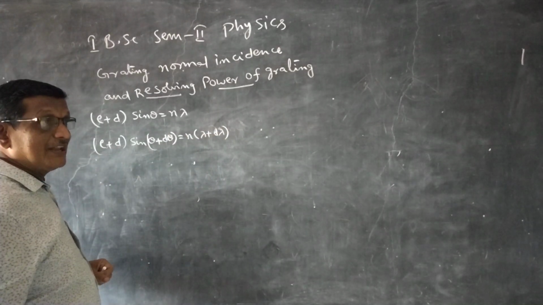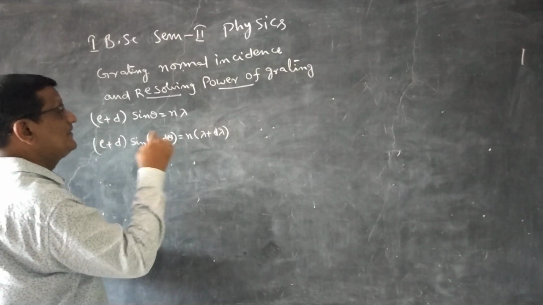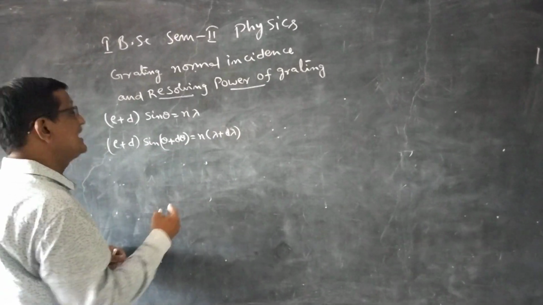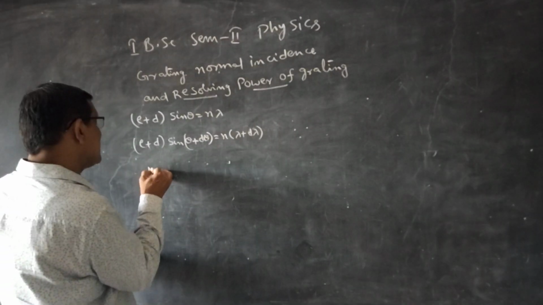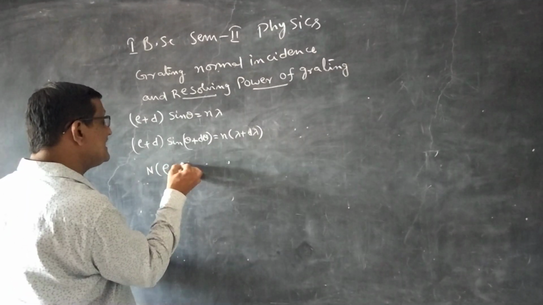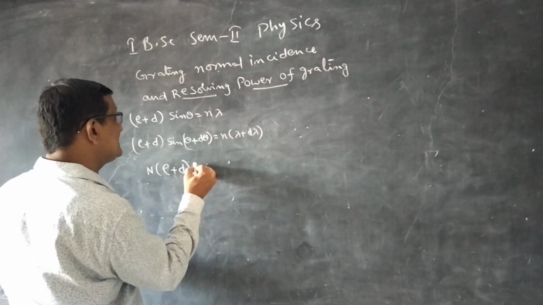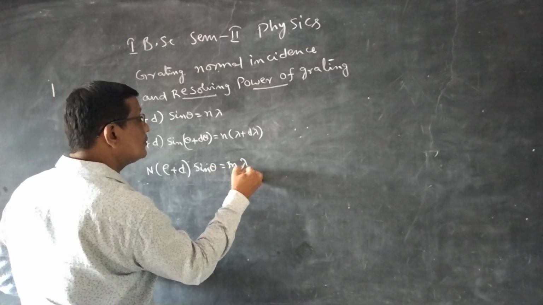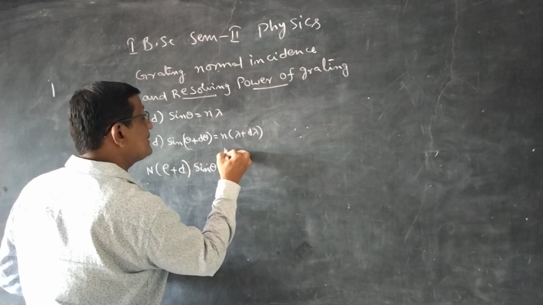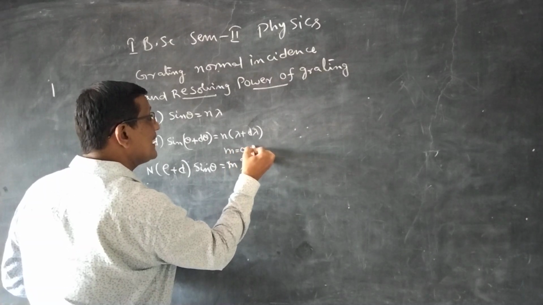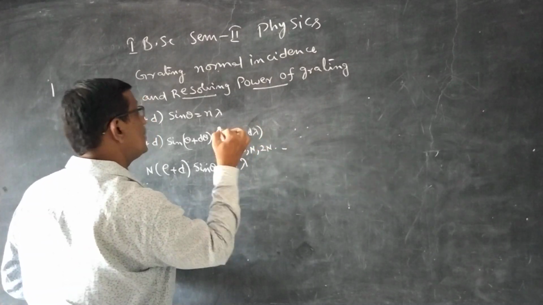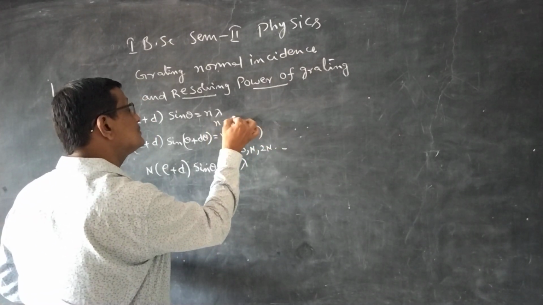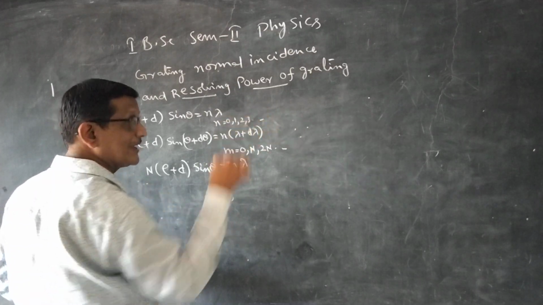Next, the condition required for a dark line is n (e + d) sin theta is equal to m lambda, where m takes values 0, N, 2N, and so on. Here n takes values 0, 1, 2, 3, and so on.